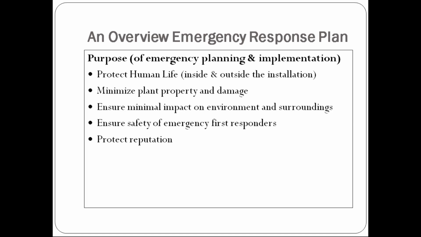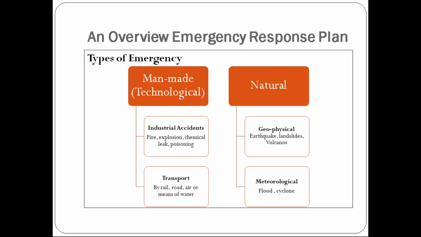These are typically the two types of emergencies. One we call man-made emergencies, which arise because of technology or human factors. These are broadly classified into two categories: industrial accidents and transport-related accidents.